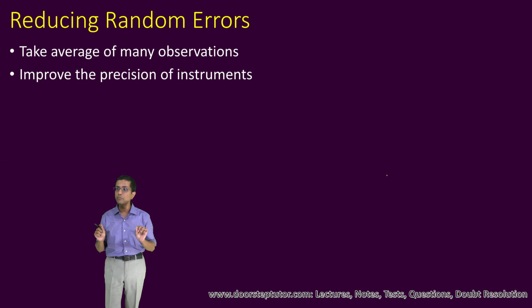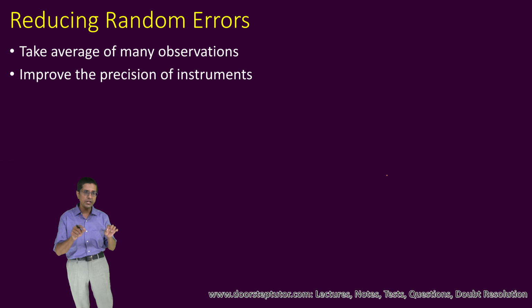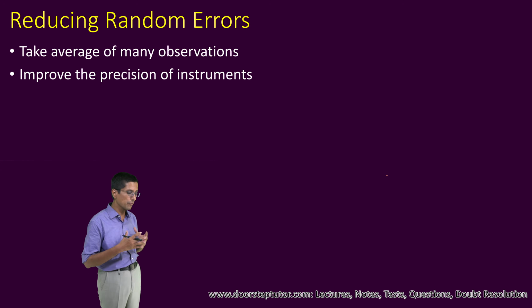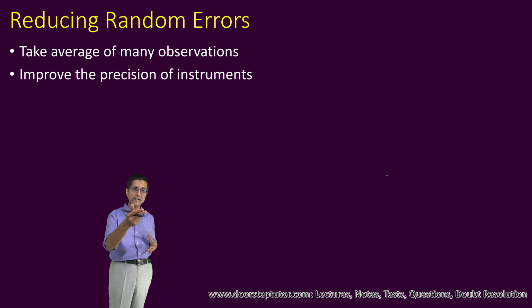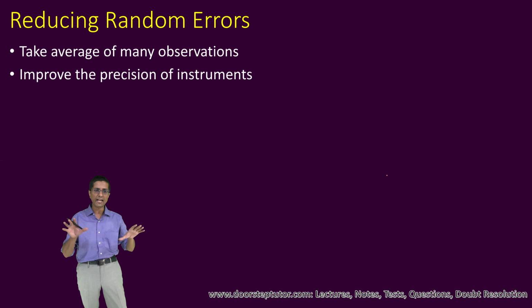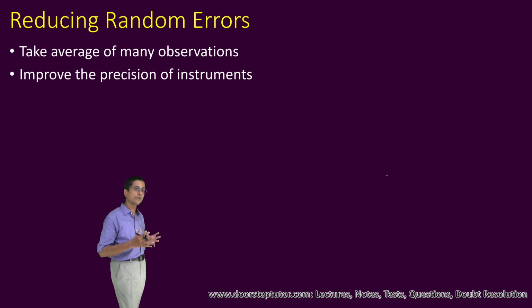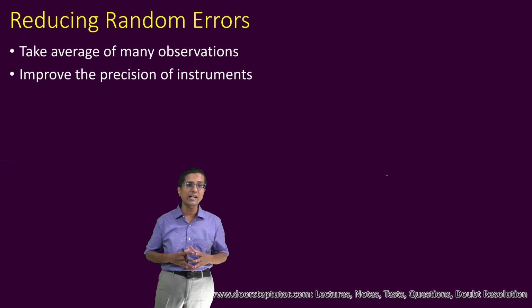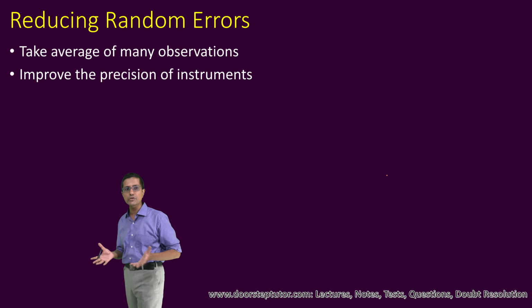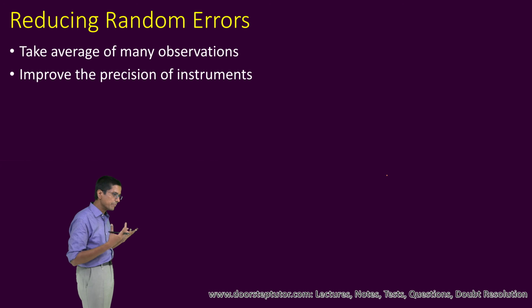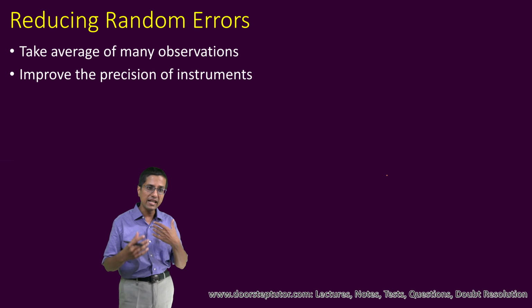So to improve the precision of your measurement against random errors, take many readings and then take their average. Another way to improve your accuracy against random errors is to use higher precision instruments, because higher precision instruments and methods of measurement inherently have less random error.